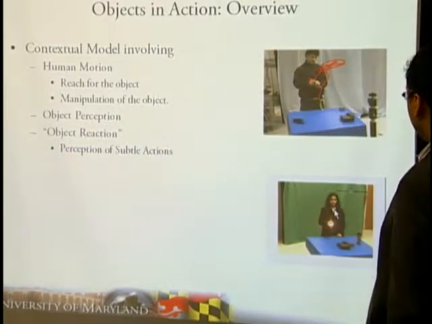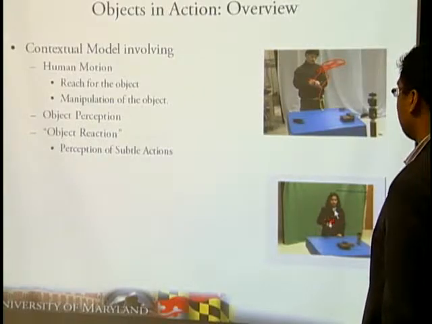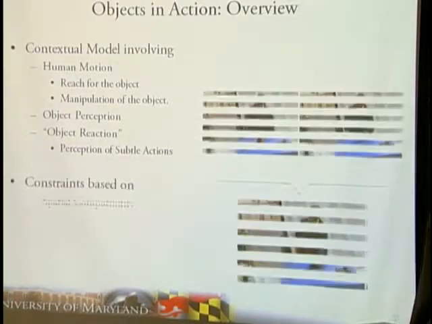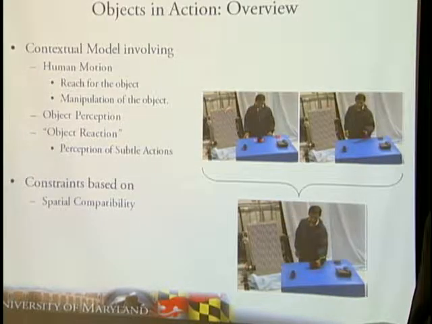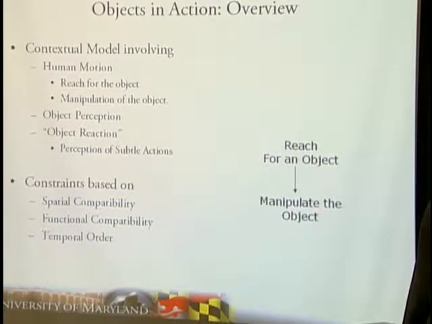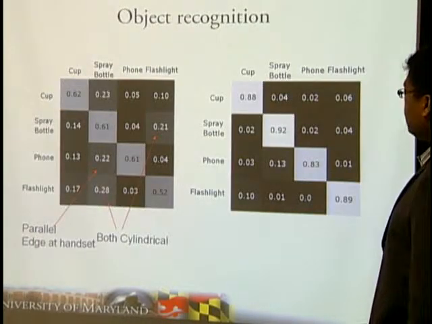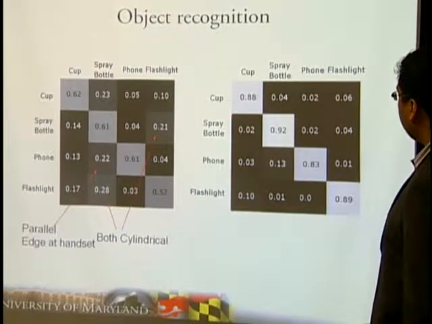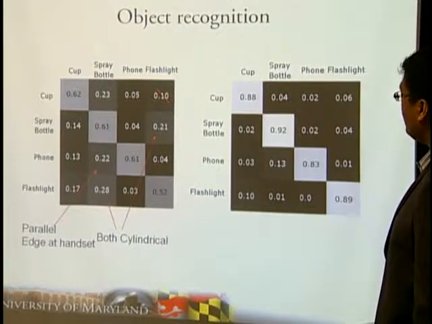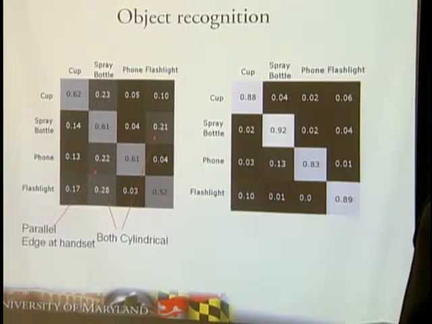For example, if you press a button of a flashlight, there is an illumination change. The constraints are based on spatial compatibility between action and object, functional compatibility between action and object, and temporal orderness. Our results indicate that the performance of object recognition improves drastically when you add human motion cues to the object recognition.